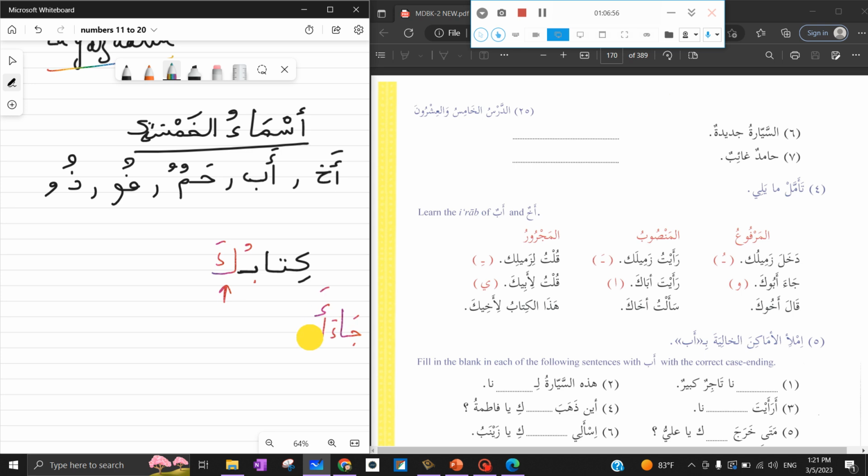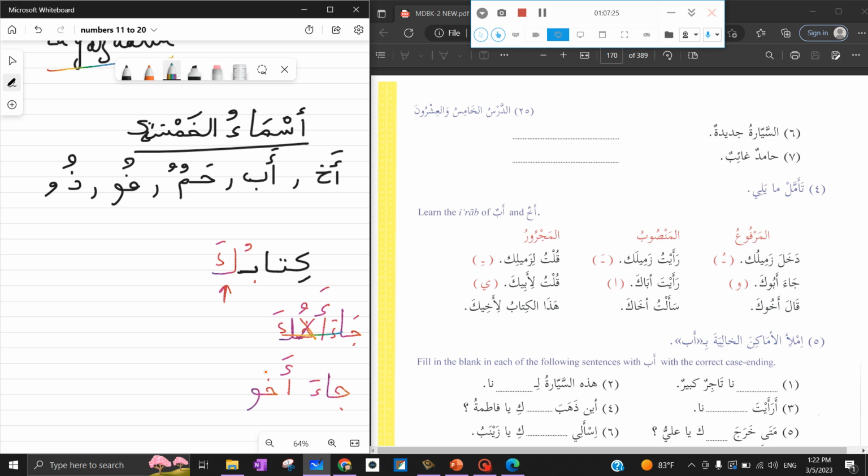This is fail, and it will be in marfu case, so it will be dhamma. So you cannot write ahu ka with only dhamma. This is totally wrong. In fact, you will write ja'a ahu with a waw.